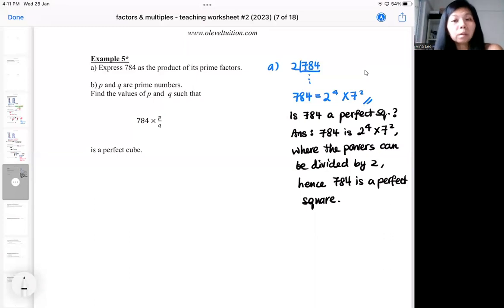They will ask you, is it a perfect square? Or how can you tell that it is a perfect square?